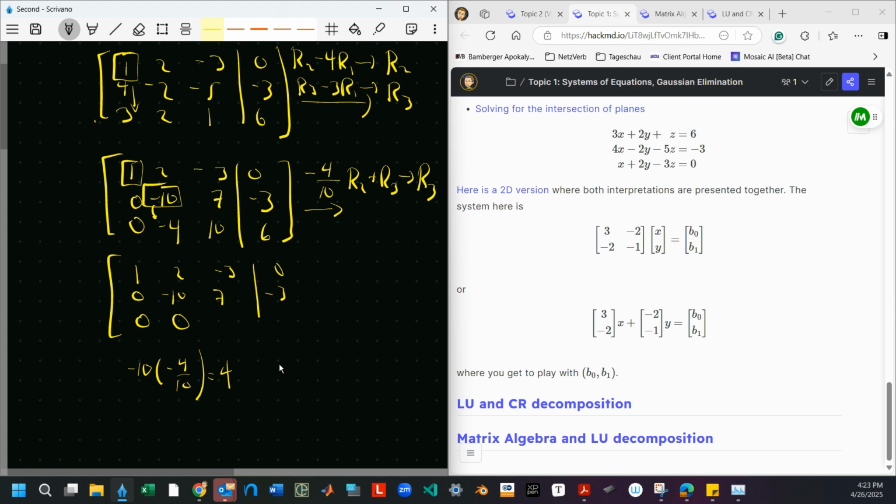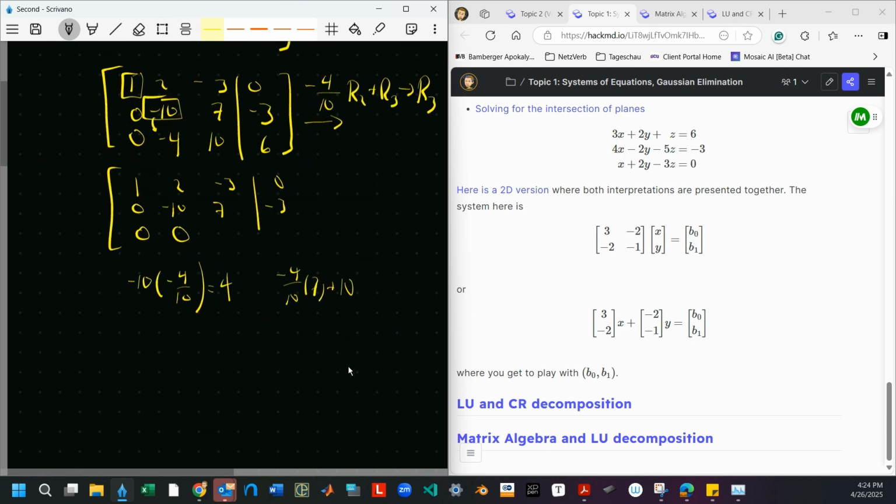So now I'm going to do minus 4 over 10 times 7, plus 10, right? Okay, so this is a little bit more of a pain. So this is minus 2 over 5 times 7 plus 10, right?